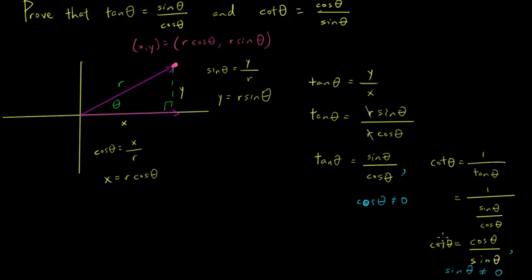You always have a restriction whenever you have a rational function with a variable in the denominator, and in both of these cases the variable is theta. The angle is the variable.